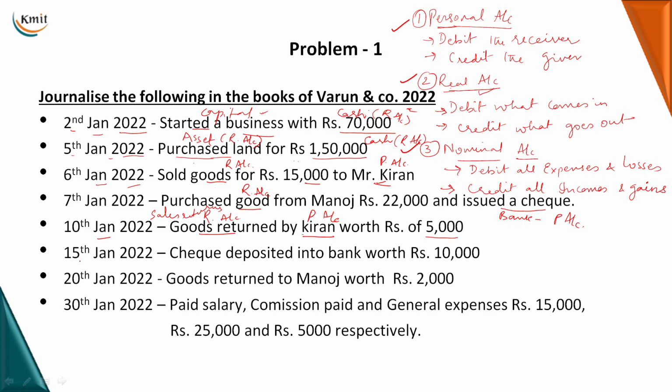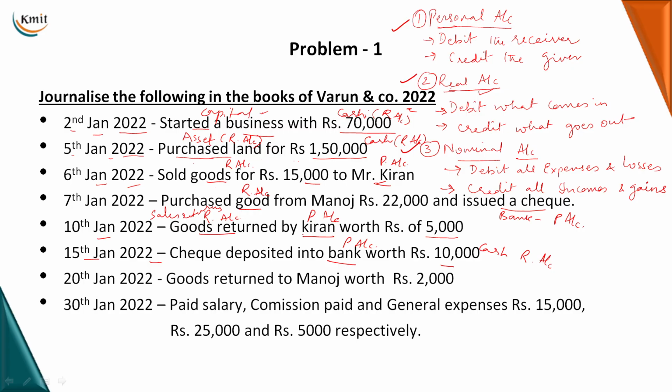Next one is on 15th Jan 2022, check deposited into the bank worth rupees 10,000. Cash is a real account, bank is a personal account. So applying the rules, who is receiving the amount when it is deposited? Bank is receiving.